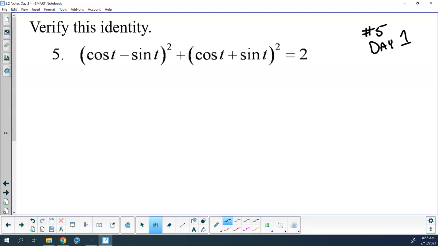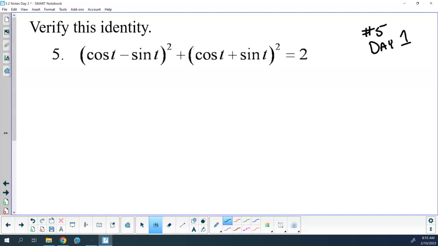So if I'm looking at left and right side in this particular problem, my right side is just 2. There's not a lot that I can do with that because I don't know what direction to go into. So I'm not going to choose the right side. The left side looks fairly complicated. We've got some squares and we've got some ugly looking things in there. That's the side that I'm going to choose.